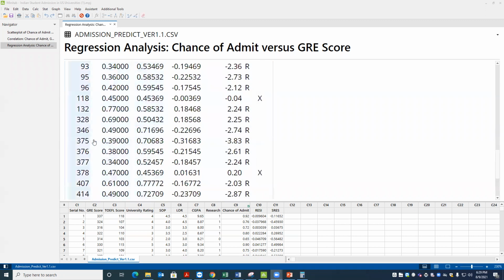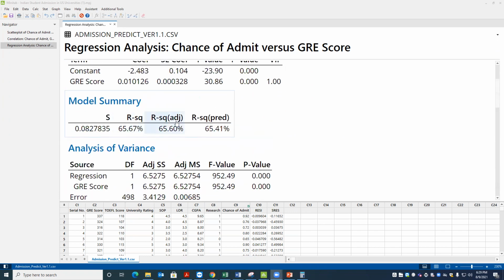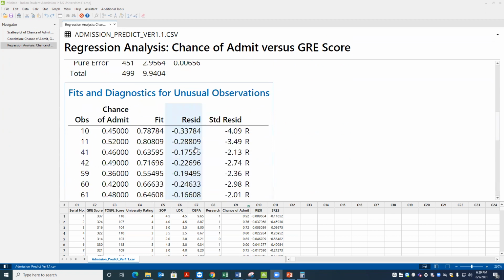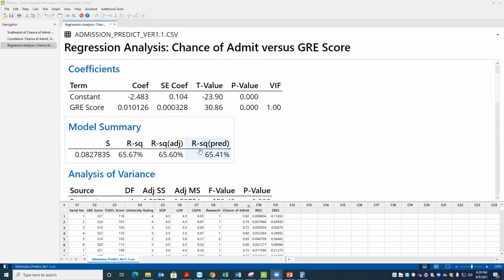So when adjusted R square is calculated, these numbers, which are totally unusual, are eliminated by the system automatically, or some filtration has been done. Therefore, this is a little less than R square.